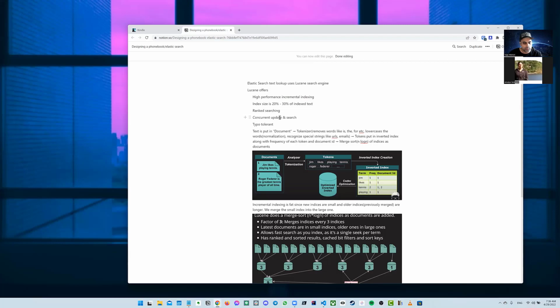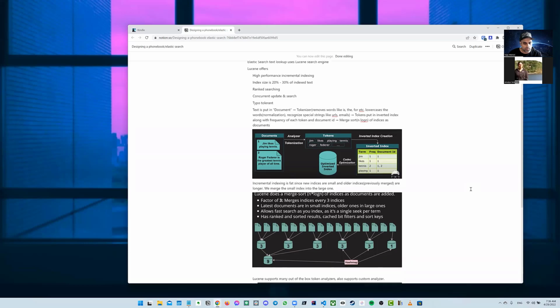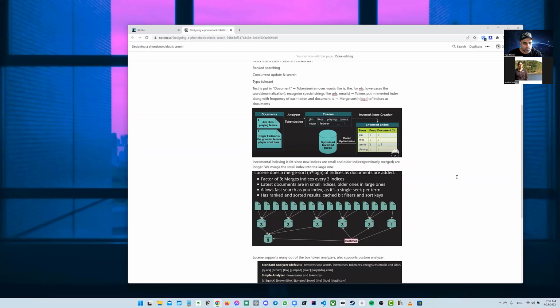They have all these indices that were already processed in one big index, and when a new document is added, they do merge sort, and the smaller one is merged into the big one. So it's just updated in an incremental way. That's how it achieves the low latency with the updating. And there are a bunch of analyzers. You can write your own analyzer.